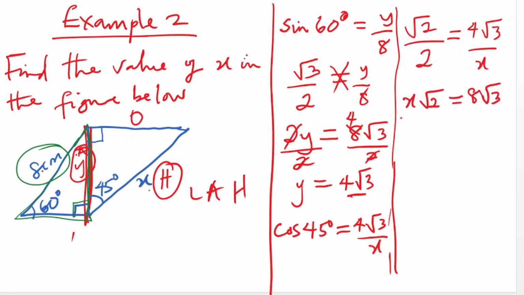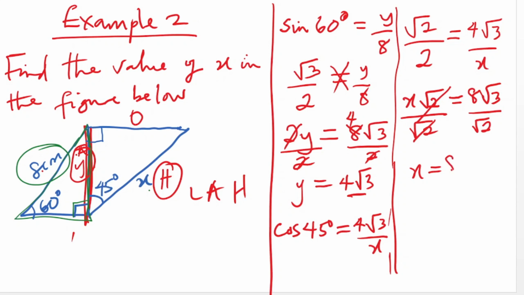So we divide both sides by root 2, so let's cancel this. Then x will give us 8 root 3 over root 2. You can see this is irrational, so we have to rationalize it. What are we going to do? We're going to multiply numerator and denominator by root 2.